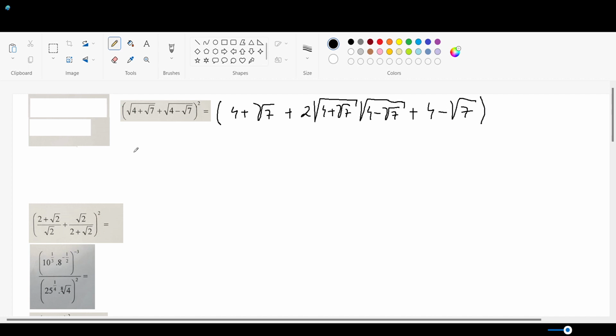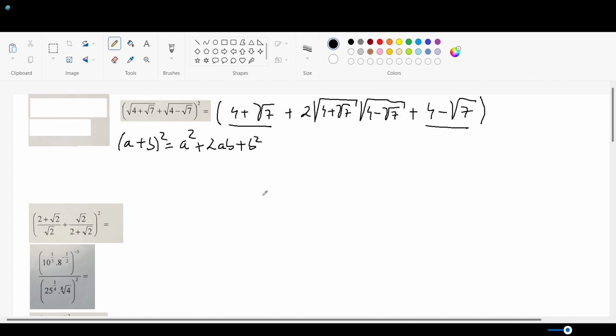So I just use the formula a plus b squared equals a squared plus 2 times AB plus B squared. So this is my B squared. Actually this one squared will help me to get rid of the first radical.